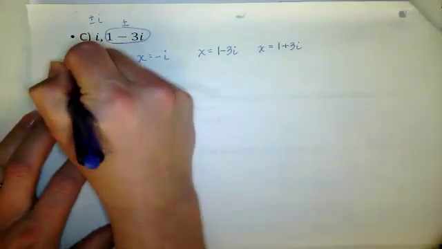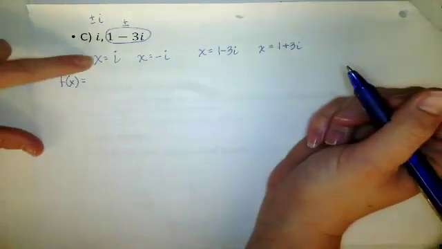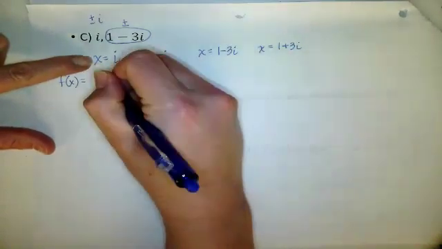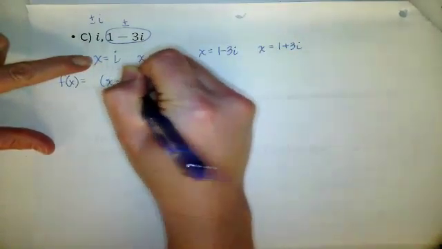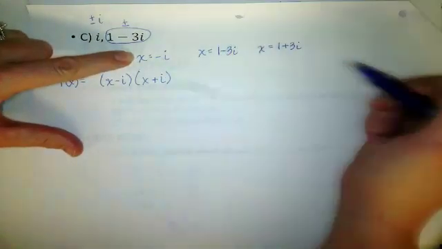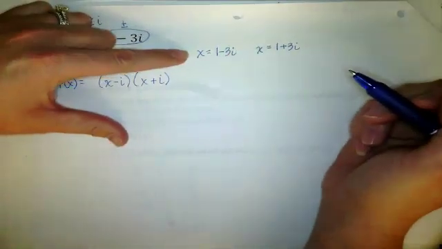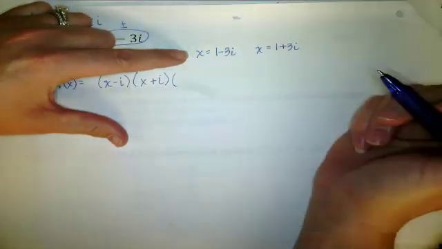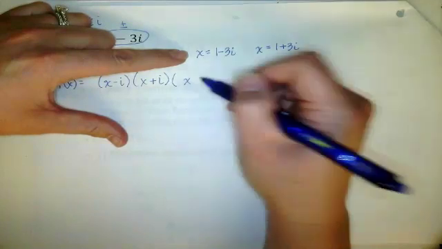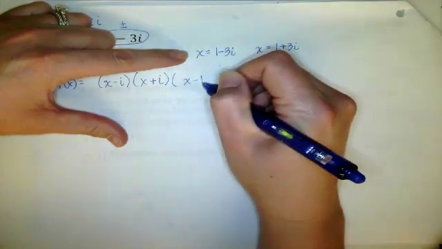Writing that out, if I had the solution x equals i, what bubble did it come from? Good. And this one would be x plus i. Careful. What about these? It'd be x plus 1 minus 3i. Oh, I meant the opposite of that.